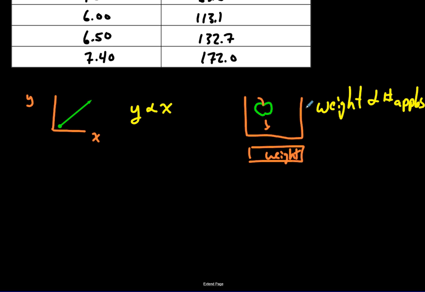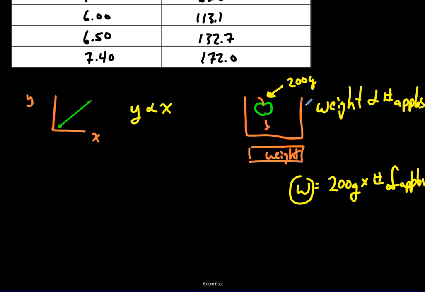Does that make sense? I know if I put more apples in, I'll get more weight, but I'm not saying that it will equal some value, okay? If I know that the average apple weighs 200 grams, then I could say this: weight equals 200 g times number of apples. If I know every apple is 200 grams, then I could tell you exactly what the weight will be.